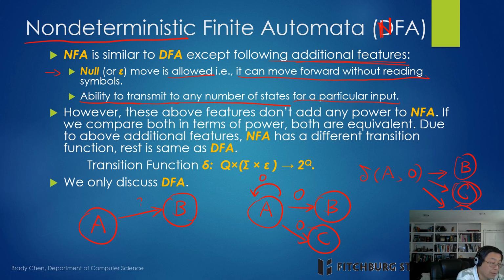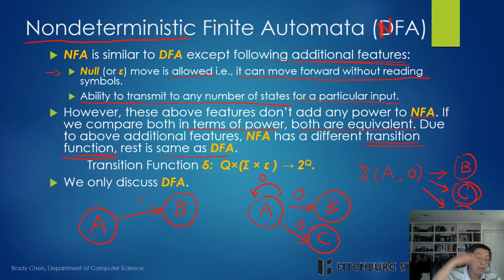These above features don't add any power to the non-deterministic finite automata. If we compare both in terms of power, both are equivalent. Due to the above additional features, an NFA has a different transition function. Everything else is the same.